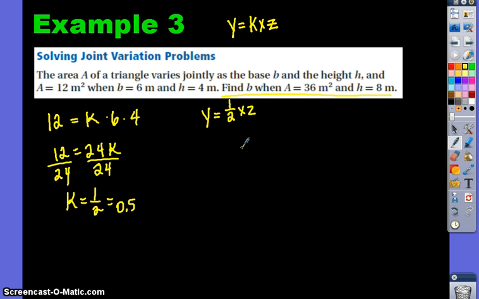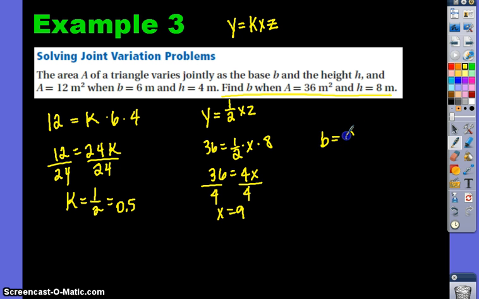All right, so we know that A, which was our y, is 36 is equal to 1/2 times x times 8. 1/2 times 8 is 4, so 36 is equal to 4x. So divide by 4, x equals 9. So that means that our missing variable is b. B equals 9 and the units were meters.